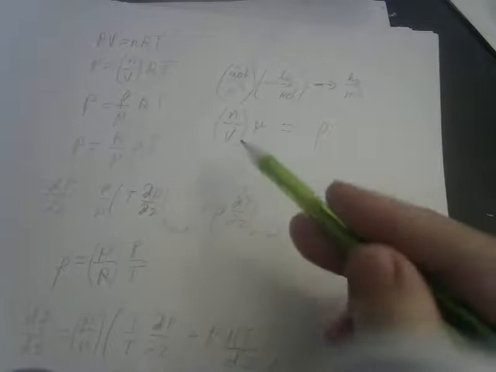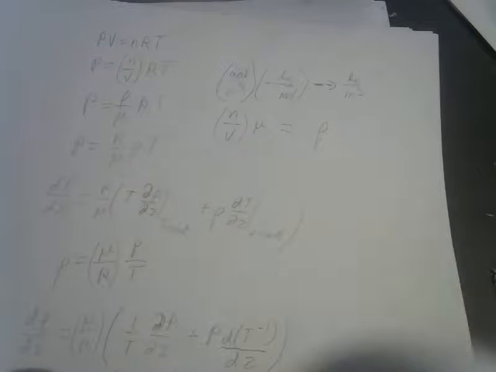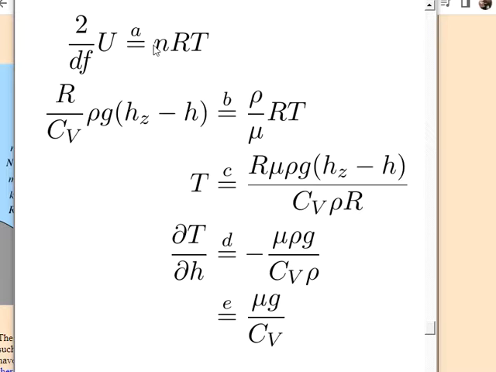So divide both sides by mu, and you have moles per meter cubed equals kilograms per meter cubed divided by kilograms per mole. Alright, so now we have rho over mu RT on this side. We've got this expression for energy on the other side, and we want to solve this for T. So basically this next step solves for T.